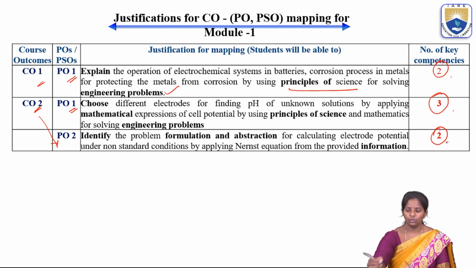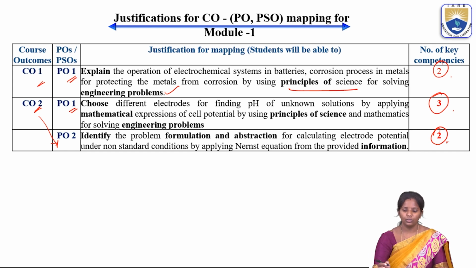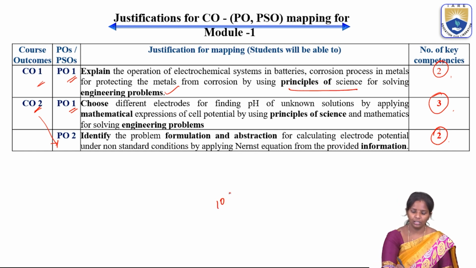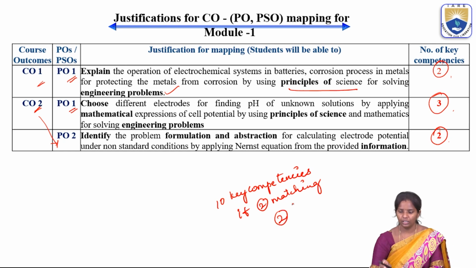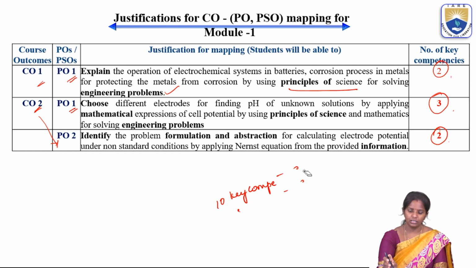So 2, 3, 2. This is how the key competences are retrieved. For example, if we have 10 key competences and only 2 are matching, we take it as 2. That is how the key competences are considered.